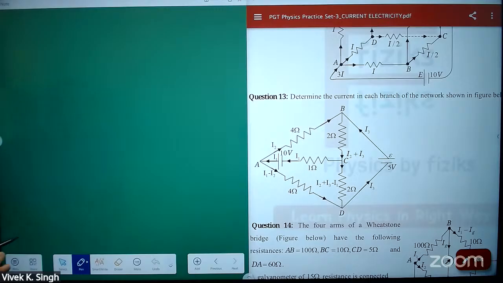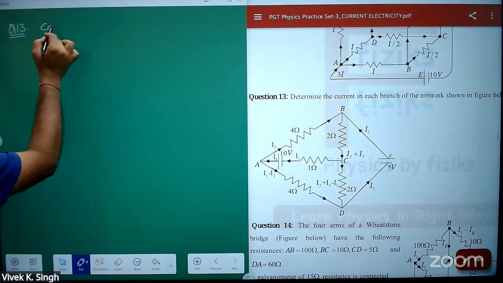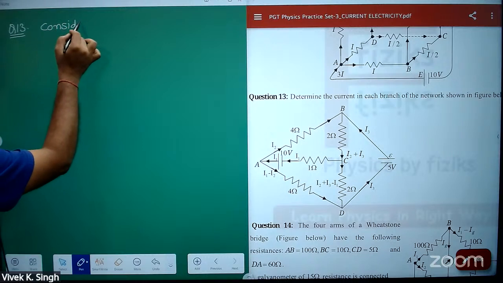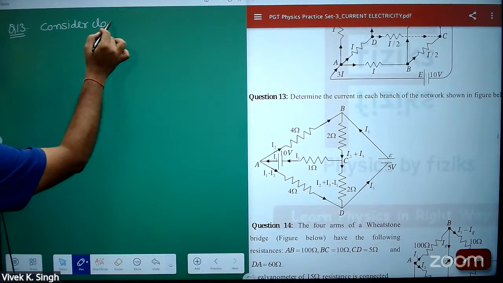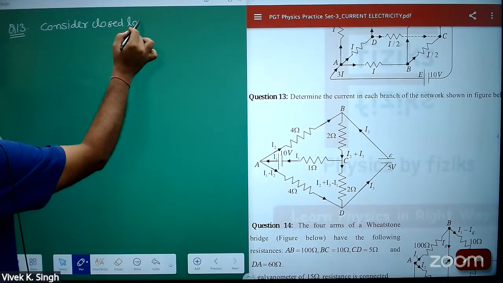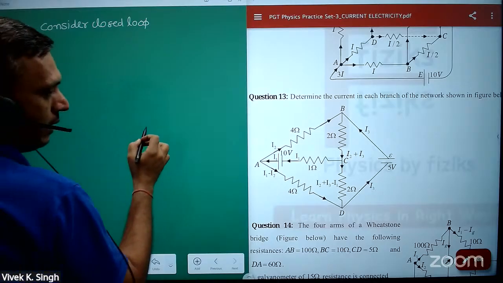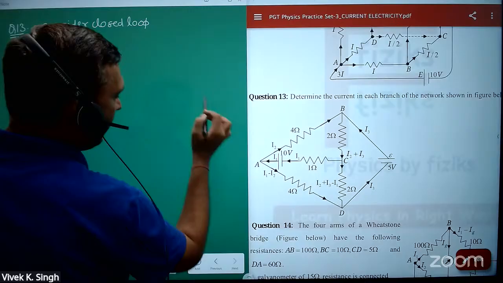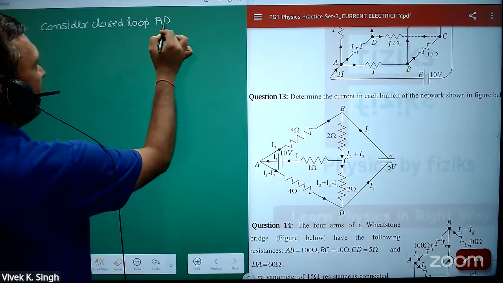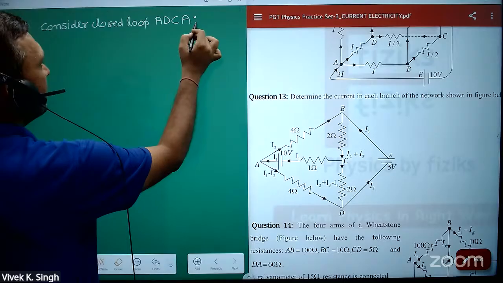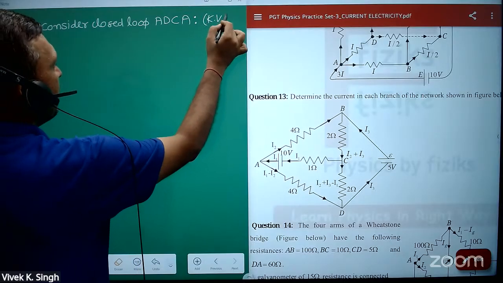So let's see question number 13. Consider a closed loop, let's say this loop ADCA, and apply KVL.